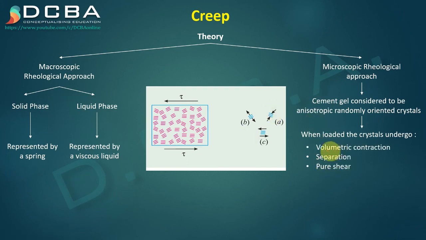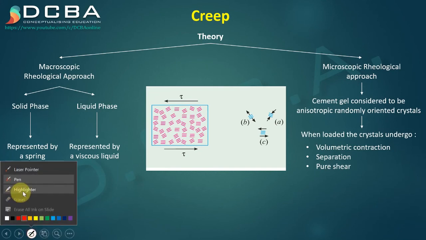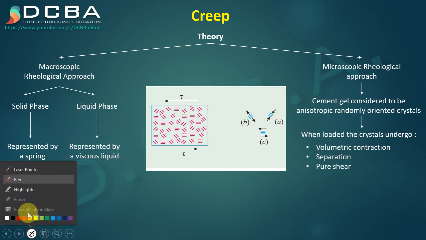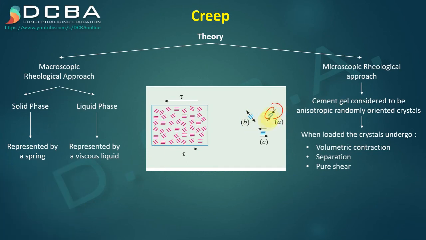First of all, volumetric contraction, which you can see here in this image. This particular gel molecule is undergoing volumetric contraction, this one is undergoing separation, and this is undergoing pure shear.